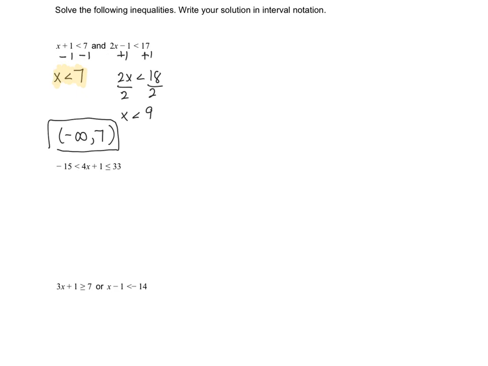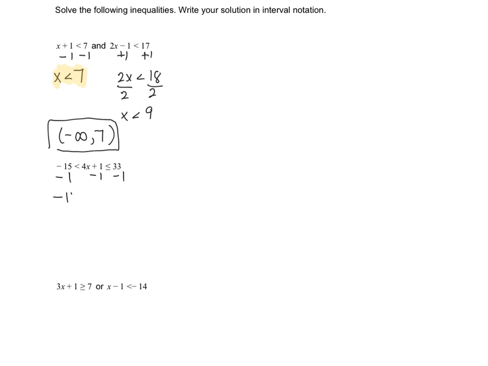The more common type of example you're going to see for an "and" inequality is like our second one: negative 15 is less than 4x plus 1 is less than or equal to 33. When we're solving this compound inequality, we want to work to get the x by itself in the middle. And anything we do in the middle to get x by itself, we must do to both sides. So the first thing I want to do is subtract 1, and I'm going to subtract 1 from everything.